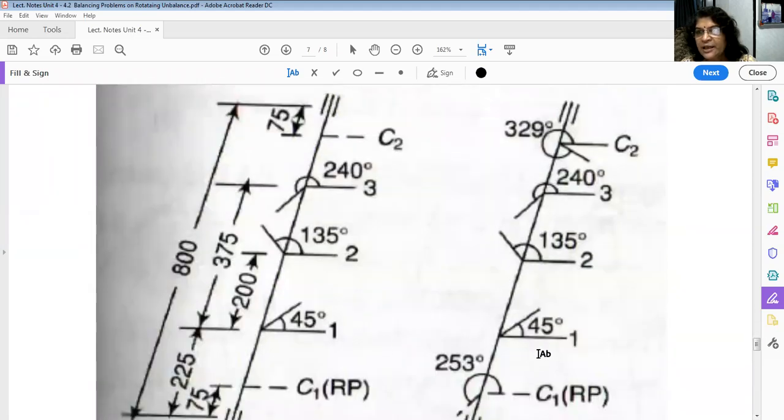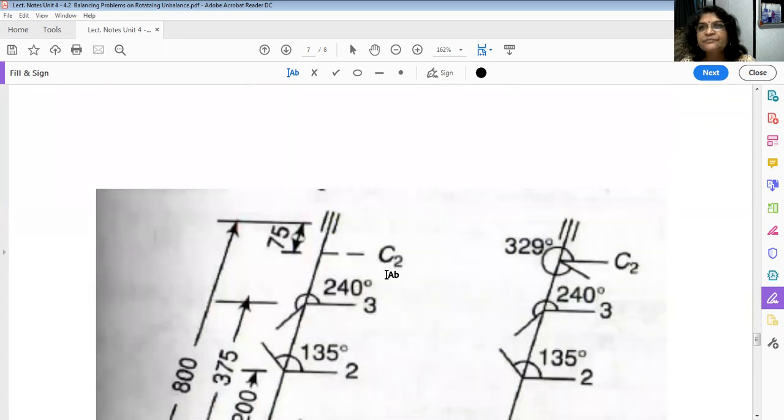Those are shown here. The angular position of the first mass is 45 degrees, the second mass is 135 degrees. See, as reference we have taken the positive x-axis. So this is the first mass. This is the second mass at 135 degrees from the positive x-axis. This is the third mass at 240 degrees from the positive x-axis. So these are the three masses.